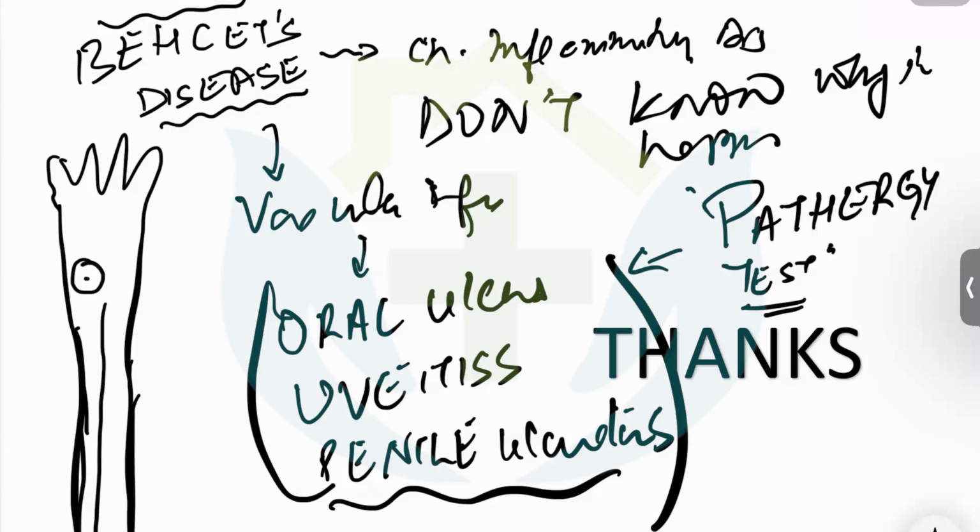There will be a red bump, just like a wheal and flare reaction. Or there may be formation of multiple pustules along the line where you have scratched the skin. So this basically indicates an exaggerated inflammatory reaction to trauma. So this is the Pathergy test. A positive Pathergy test is usually seen in Behçet's disease.